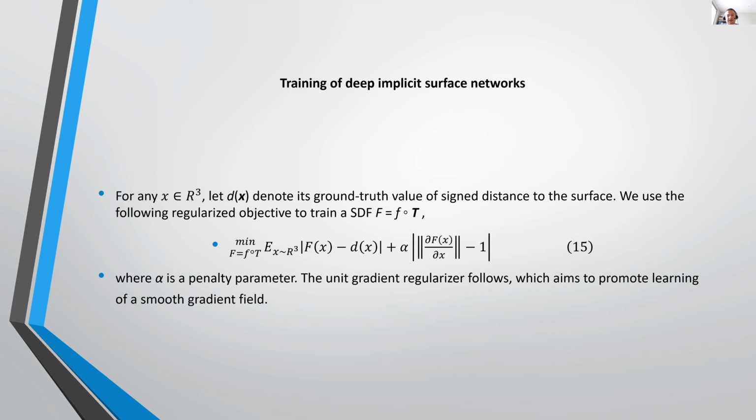I think that's the concise way to describe this algorithm. So I'll say that one more time: their MLP is learning a signed distance function, and once they learn it, they can walk along the zero level parts of the piecewise regions and reconstruct an isosurface for the mesh.